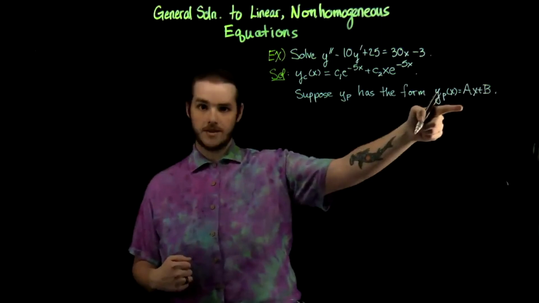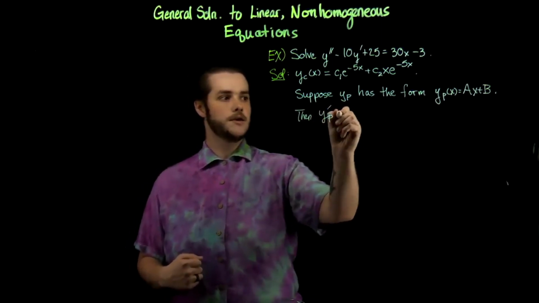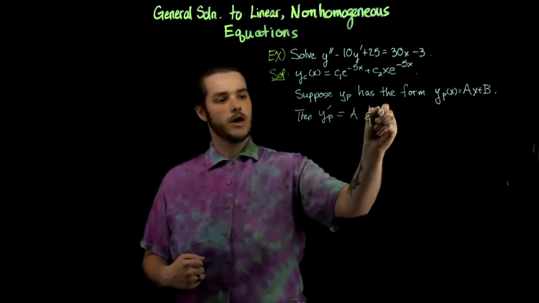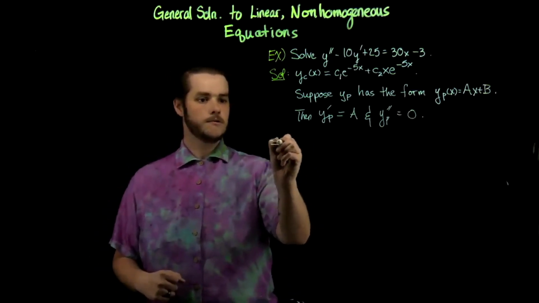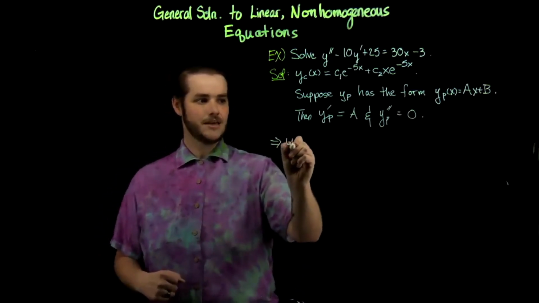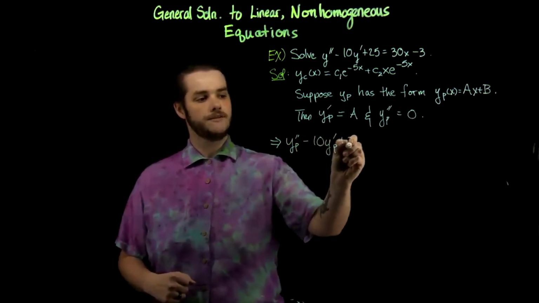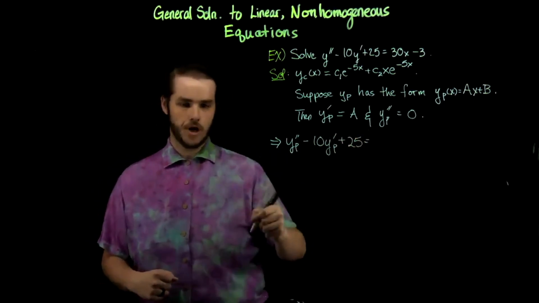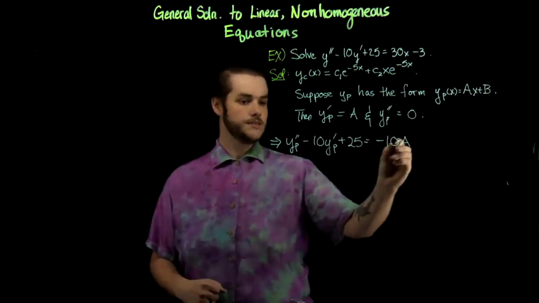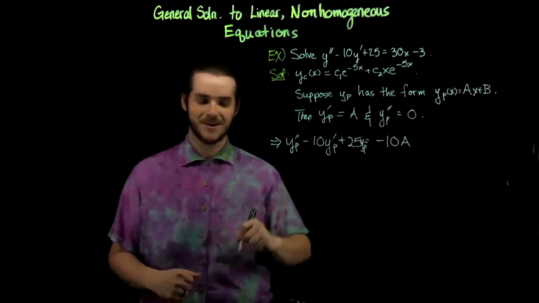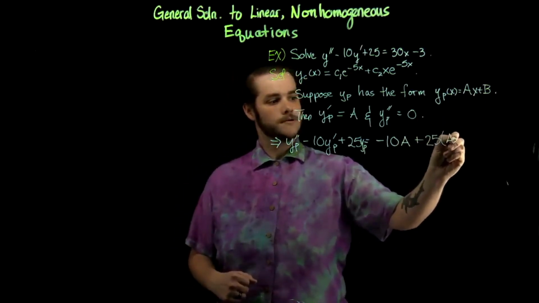Well, with this format, I know that yp' is going to equal a, and yp'' is 0. So substituting that into my differential equation, I see that yp'' - 10yp' + 25yp is, well, 0 minus 10a plus 25 times yp, that makes a little more sense, times this guy.